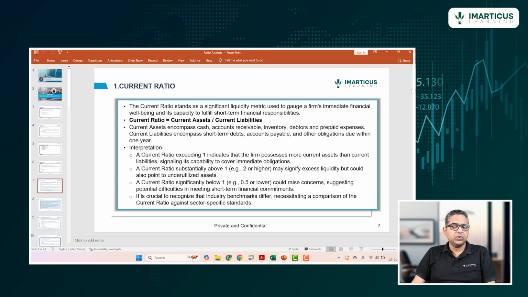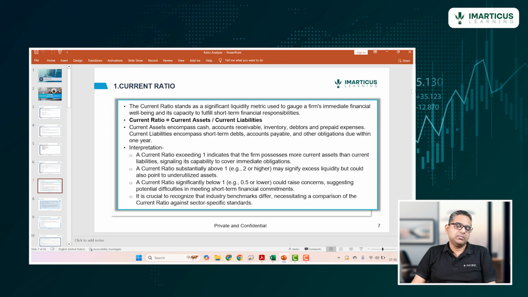But if you look at some other industry, which is lower on current assets, which has a lot of payables, for example, metal mining or airline industries, the current ratio could be lower. And that is how the industry operates. That is how that set of companies operate.